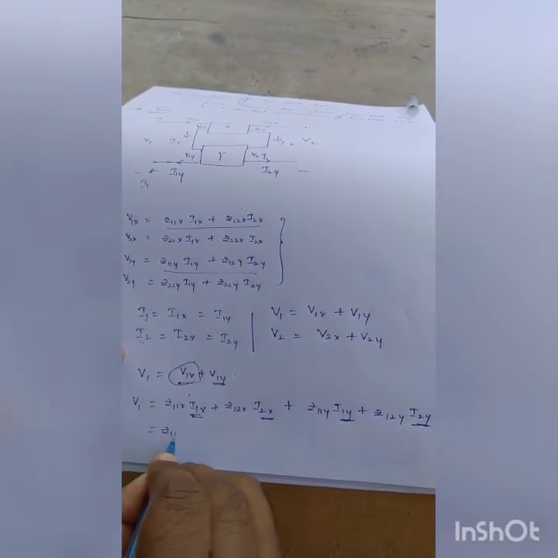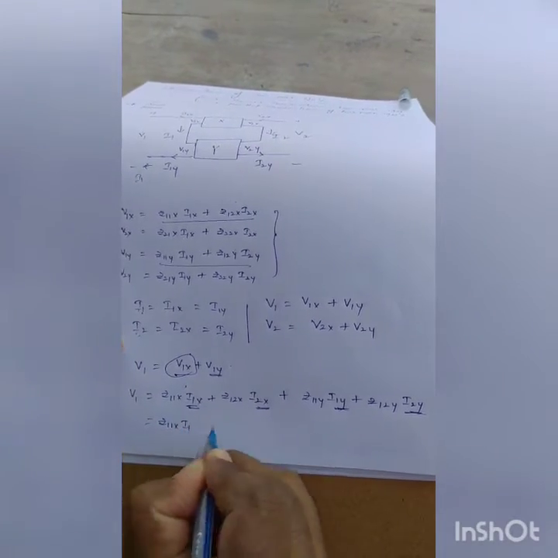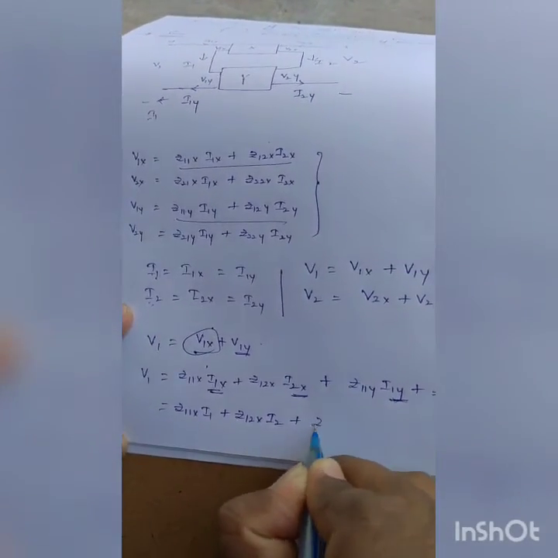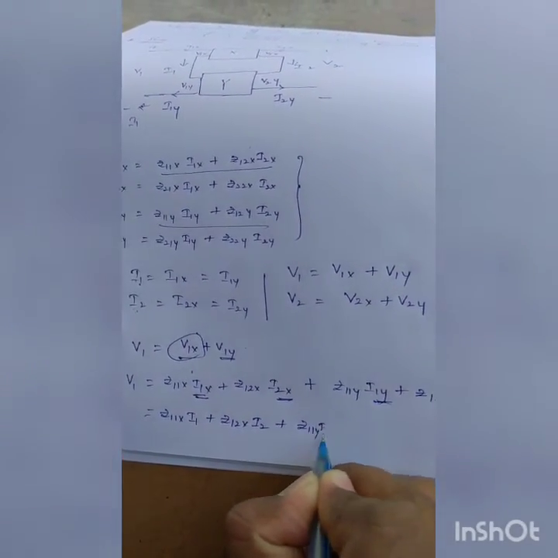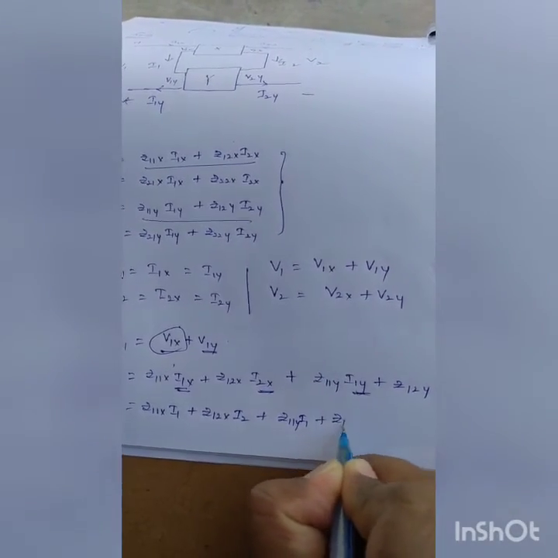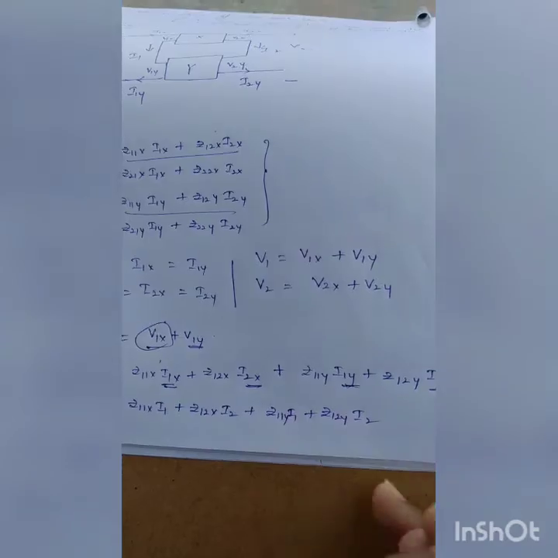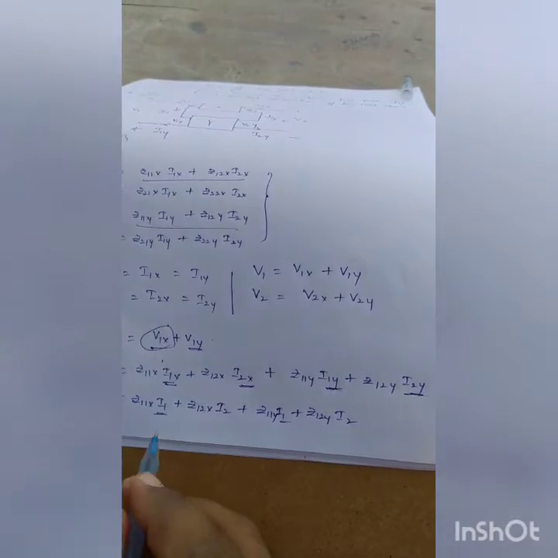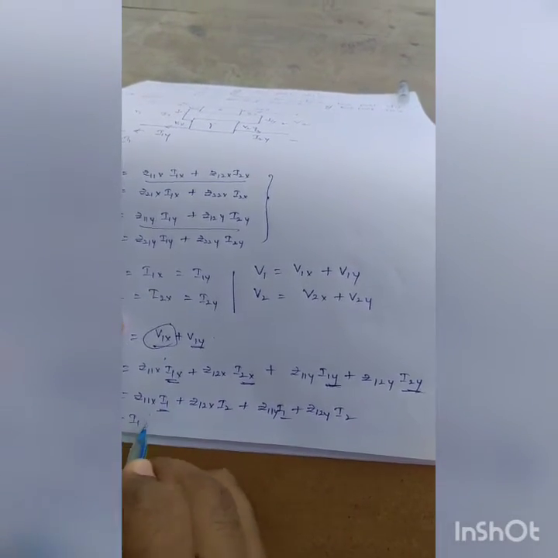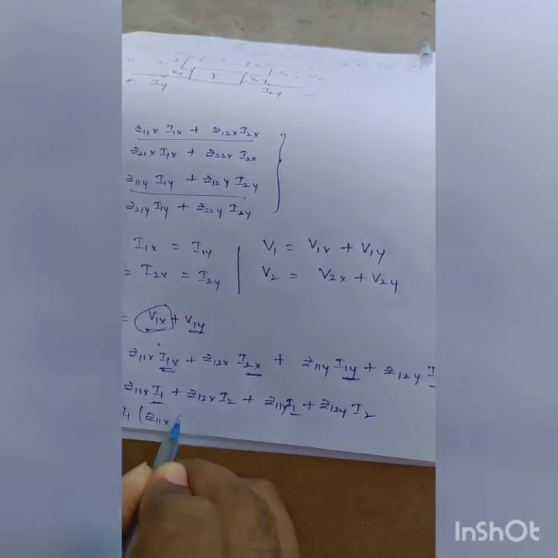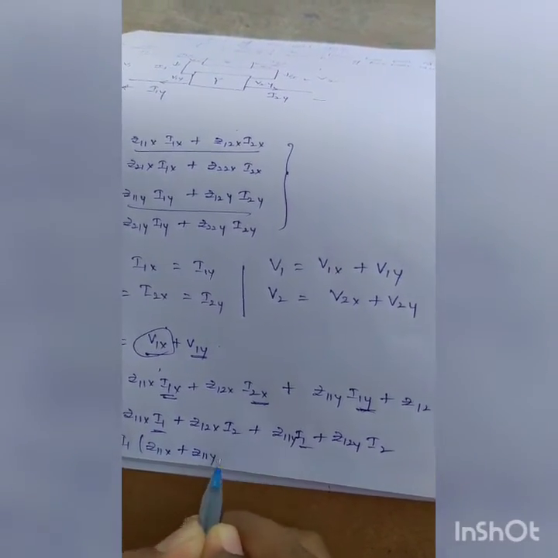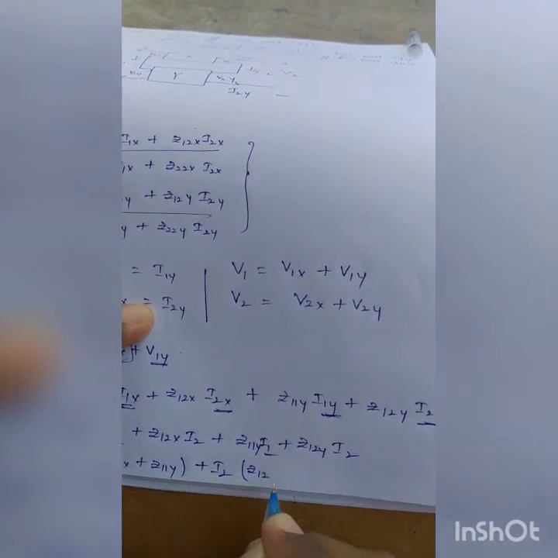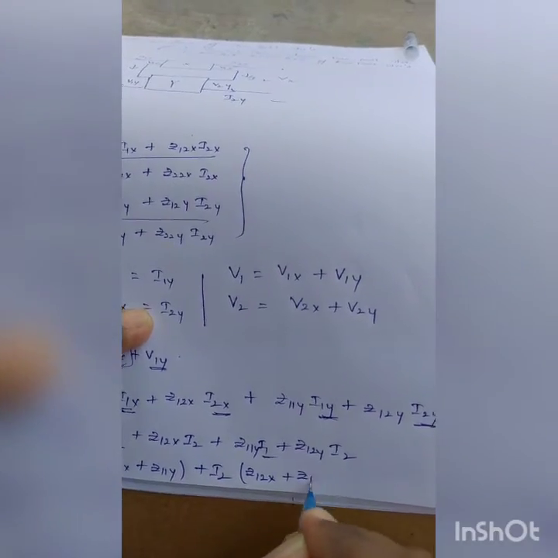Now Z11x I1 plus Z12x I2 plus Z11y I1 plus Z12y I2. Taking I1 and I2 common, I1 into Z11x plus Z11y, plus I2 into Z12x plus Z12y.